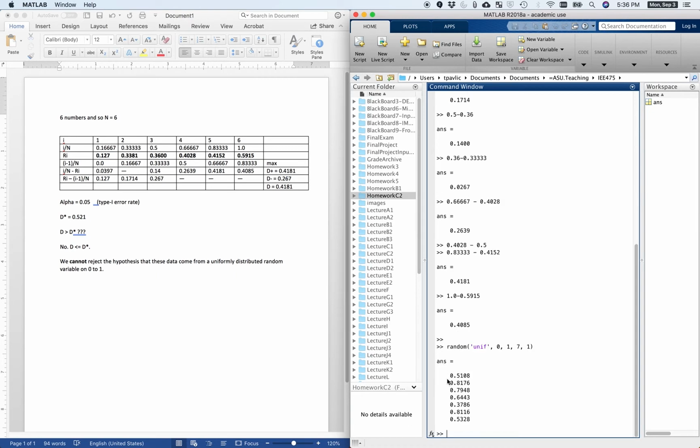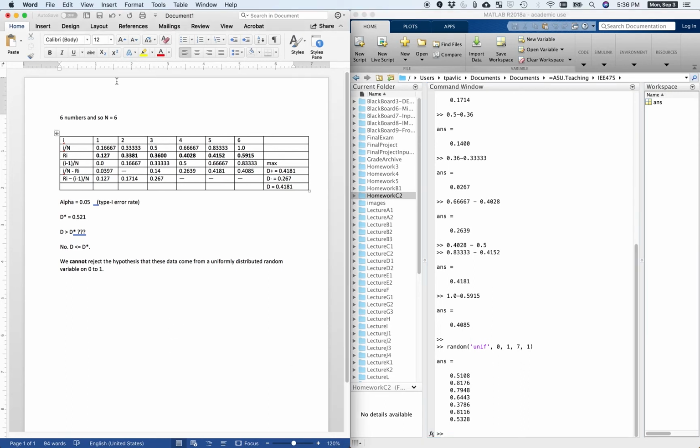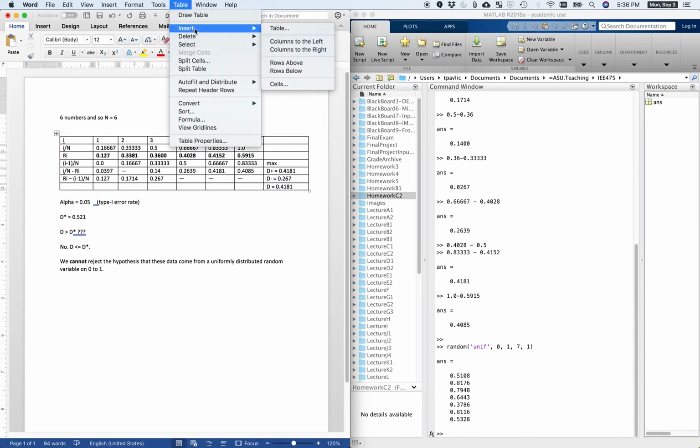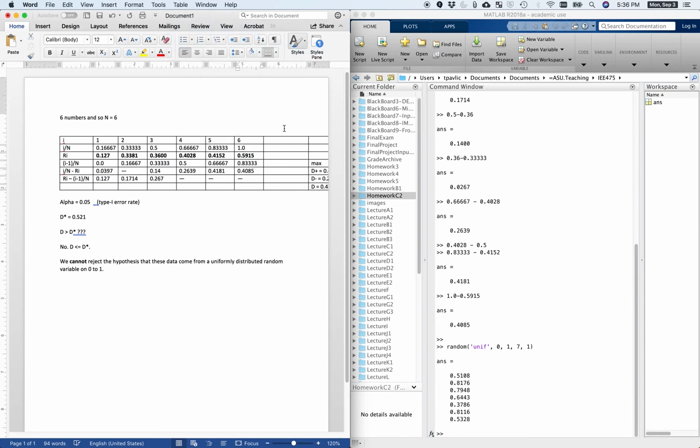These are 7 numbers, uniformly distributed between 0 and 1. So I can reuse this table. I'm going to go up to Table, insert a column to the right, and label this 7.